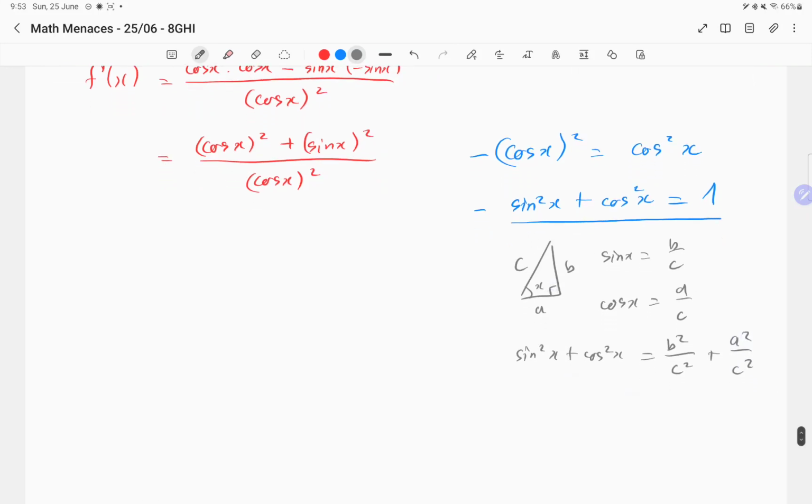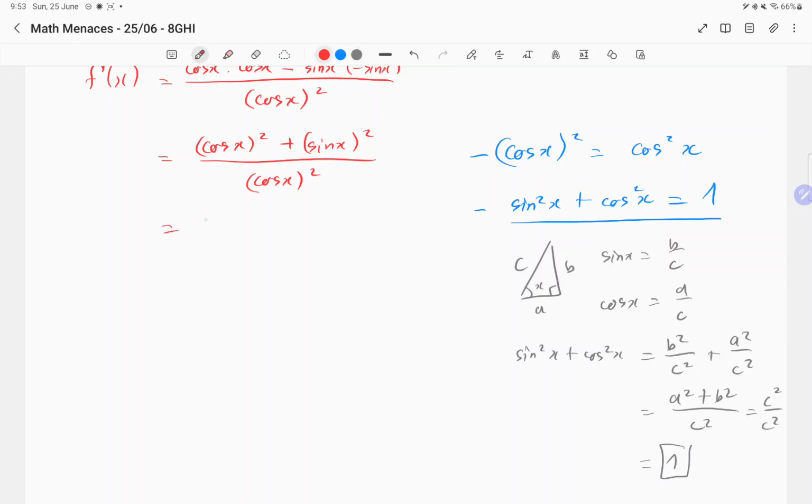This is a right-angled triangle, which means that the top is just A squared plus B squared over C squared. And in the right-angled triangle, this is the same as the hypotenuse squared, which is why this equals 1. So sin squared plus cos squared equals 1. That's just a very quick proof of that.